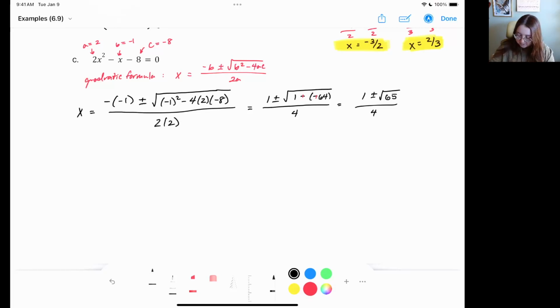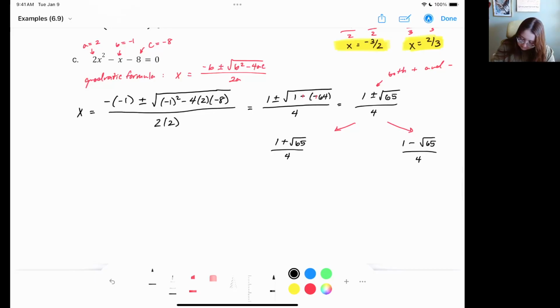Now the plus or minus means both plus and minus. Now we can't do that twice, so we separate it. So we get 1 plus square root 65 over 4, and we get 1 minus square root 65 over 4.